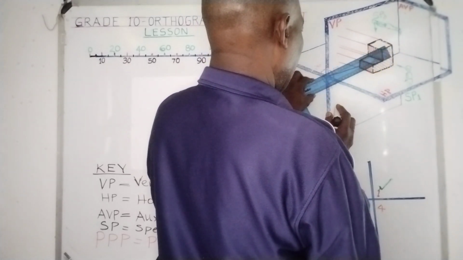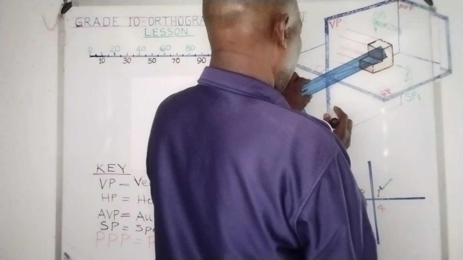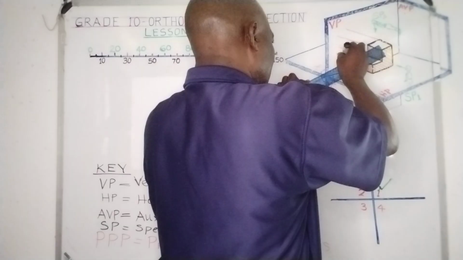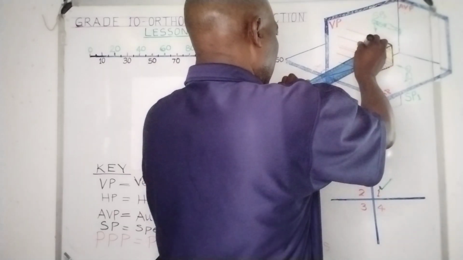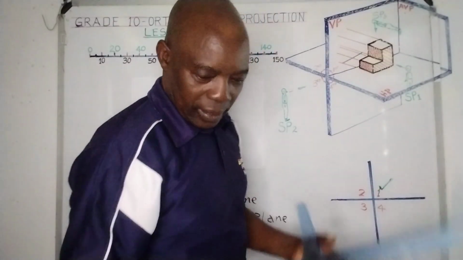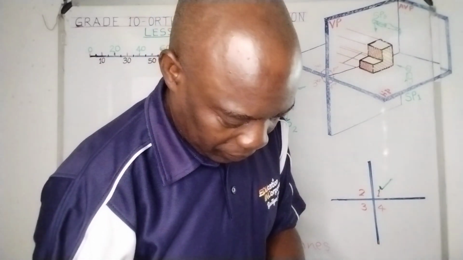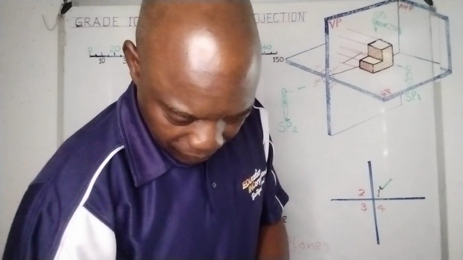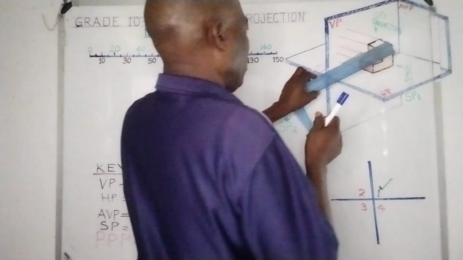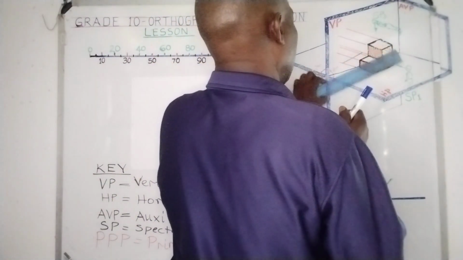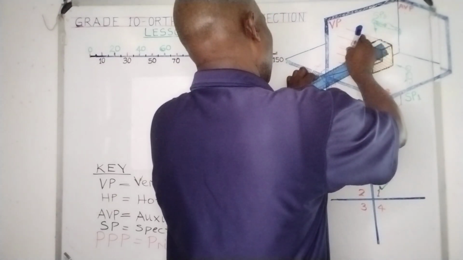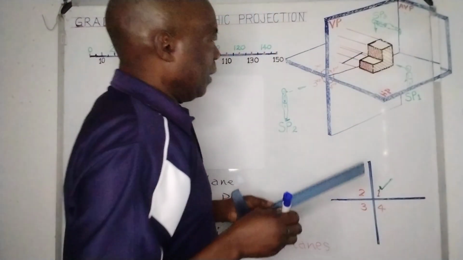Right, let me go over it. Yeah, like that. So it's that edge there. And then from there you can draw this edge and that edge. So this edge is between this line and that line. So just consider parallel lines to the planes. Like that. And then this one will go up to there, parallel.